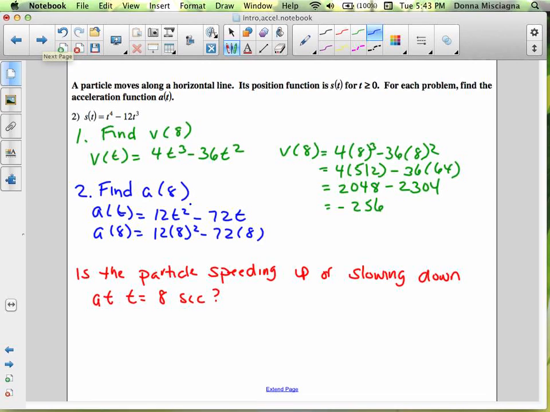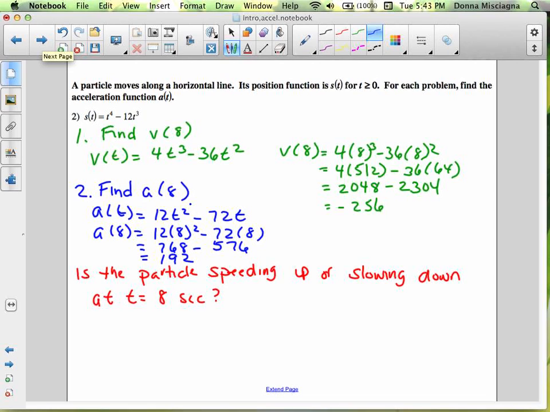I must have hit something in there, because I really don't think it's 17,000. I feel quite sure it's not. It's 768. And 72 times 8 is 576. So that's going to be positive 192.